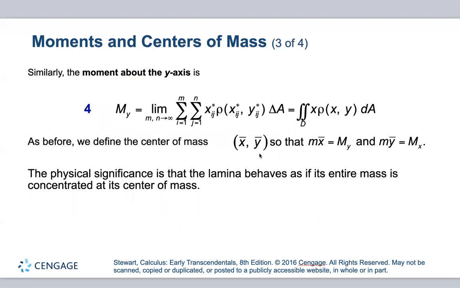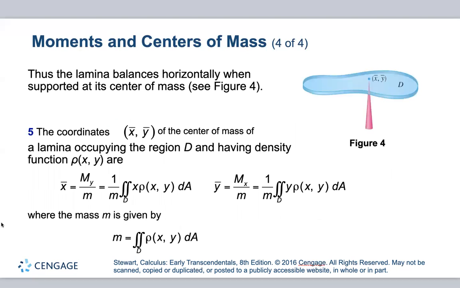And the center of mass is given by the x coordinate of the center of mass is the moment about the y-axis divided by the total mass. The y coordinate of the center of mass is the moment about the x-axis divided by the mass.